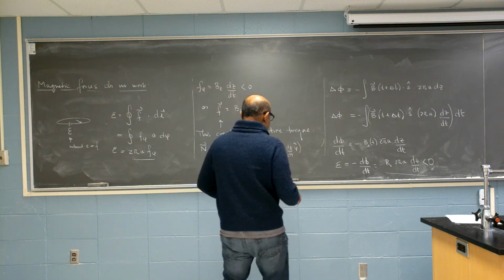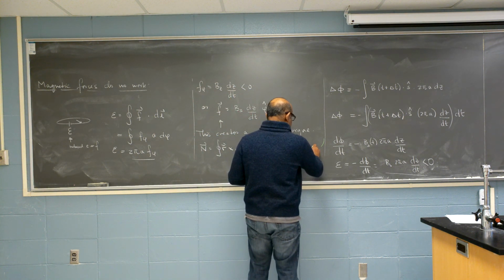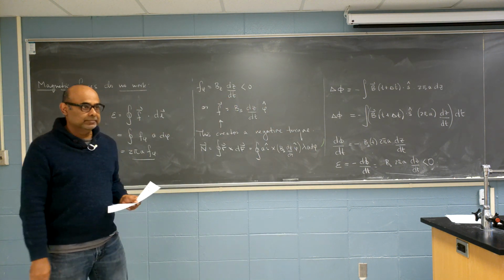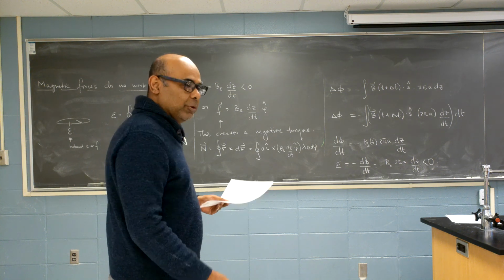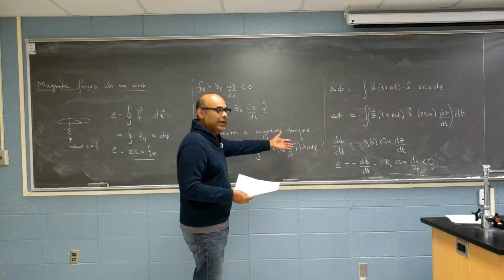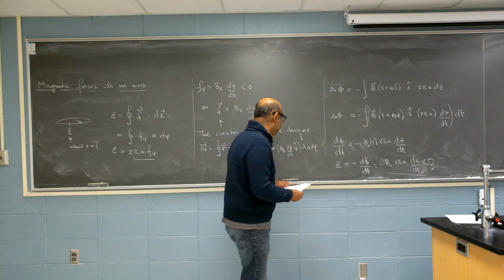I wrote it as an integral, so let me just write it as lambda times a times d phi. I mean, the total charge is constant in magnitude, so there's no integration to be done. But I wrote it as d phi, that's all.